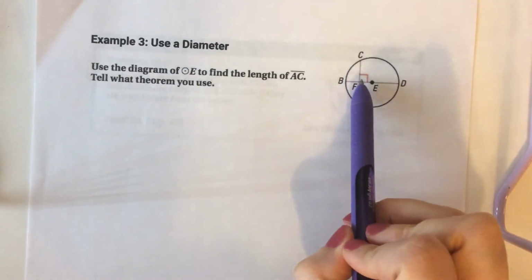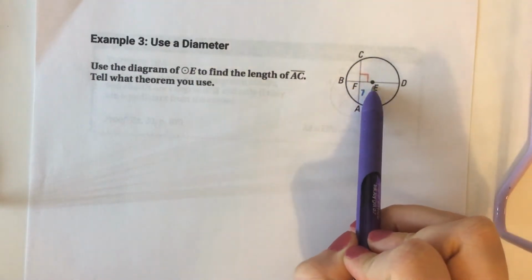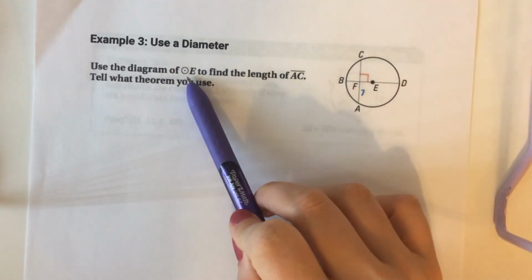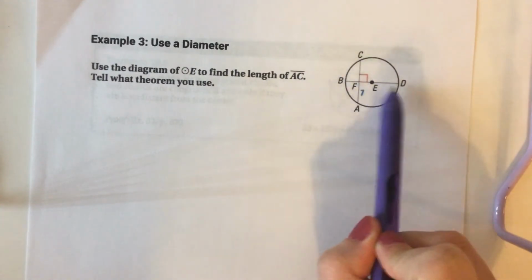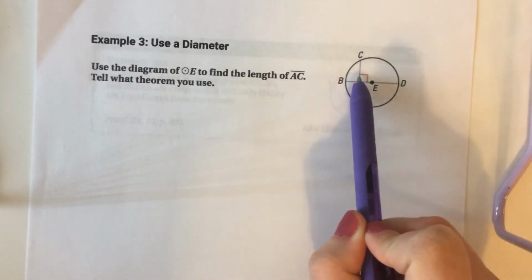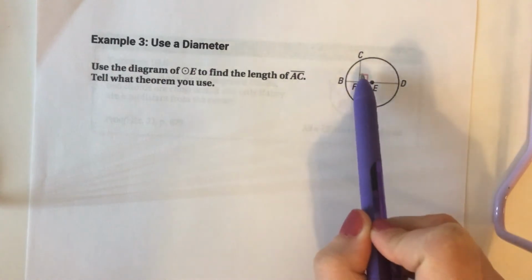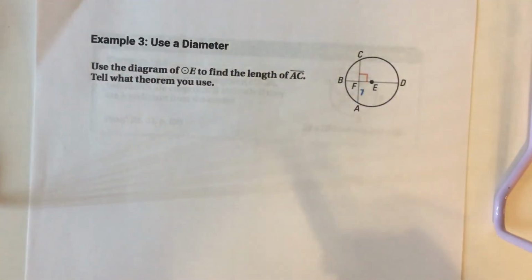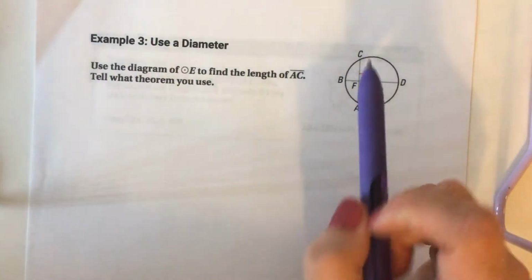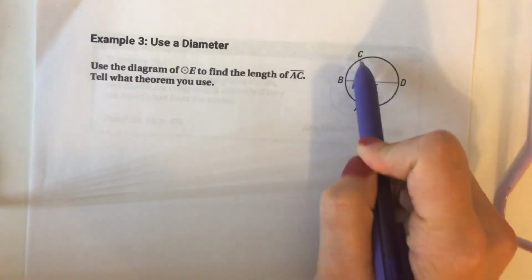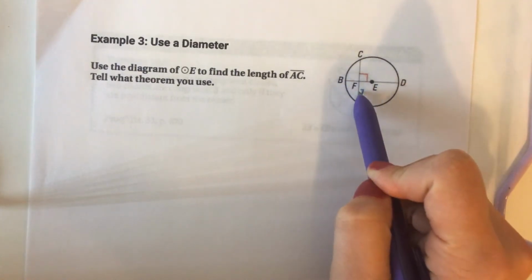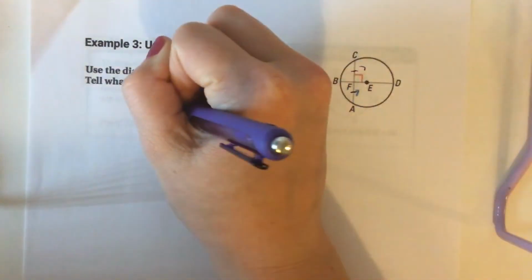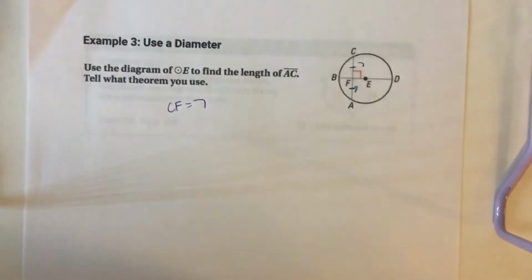Well, circle E, E is the center because they tell us it's circle E, that's how we name a circle, so that makes BD a diameter, and it intersects chord AC at a 90-degree angle, which means we're going to use that second theorem. It was 10.5, the converse of that theorem, to say, okay, since this is the diameter, it intersects the chord at a 90-degree angle, that means these segments right here are going to be congruent, which means CF is going to equal 7.